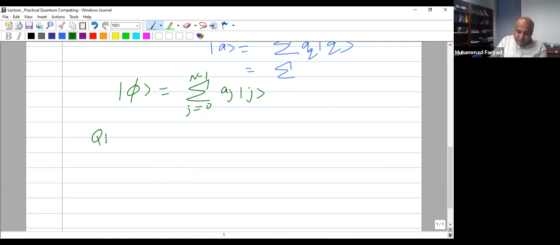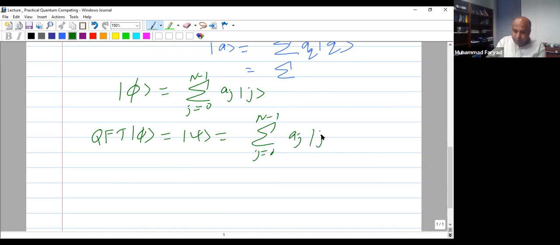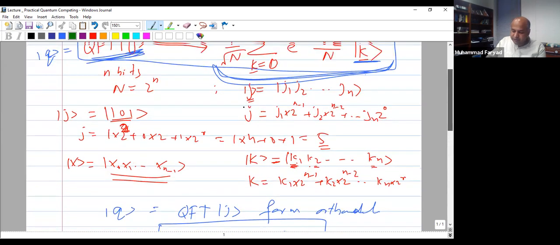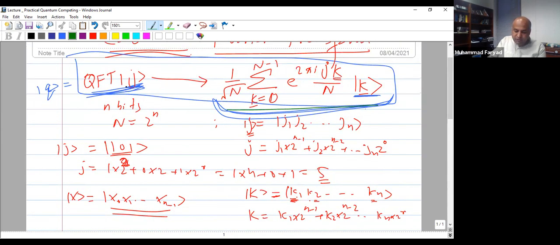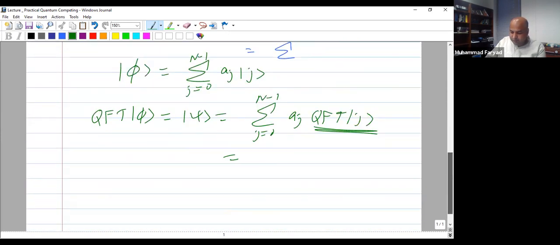If I apply a QFT on this state phi, and call the result some state psi, this QFT will act on this j state, and with the definition that we have adopted, QFT on this state j will give us this. So let me put this thing here.